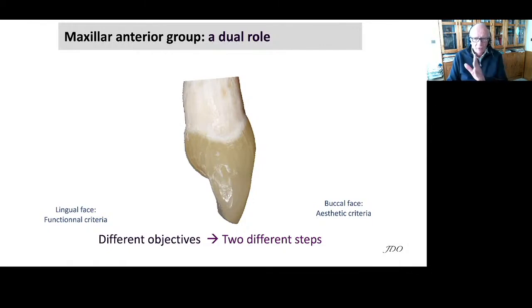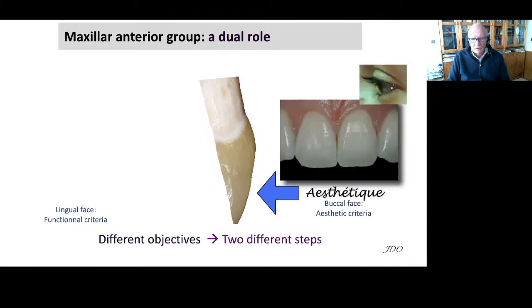At this moment, we are concerned only by the criteria for the buccal face, dominated by aesthetic criteria.